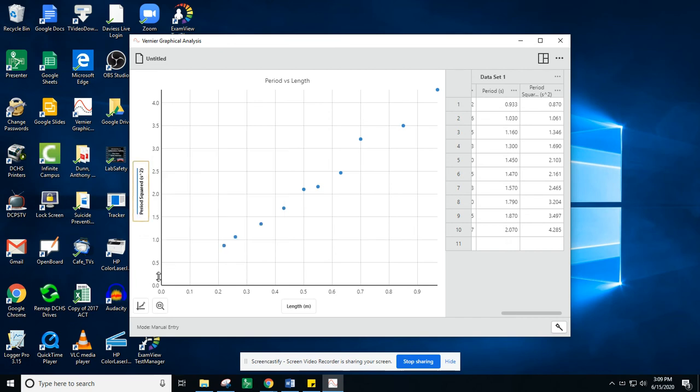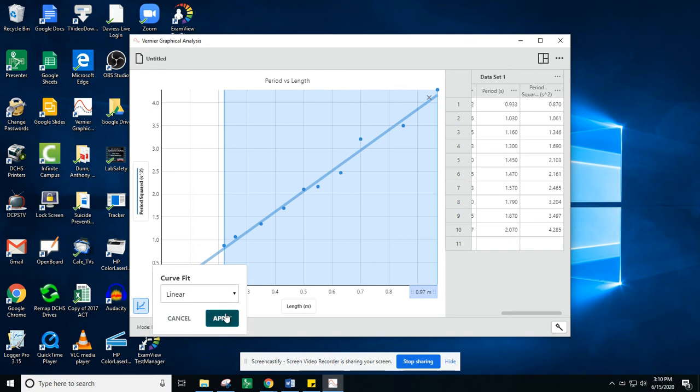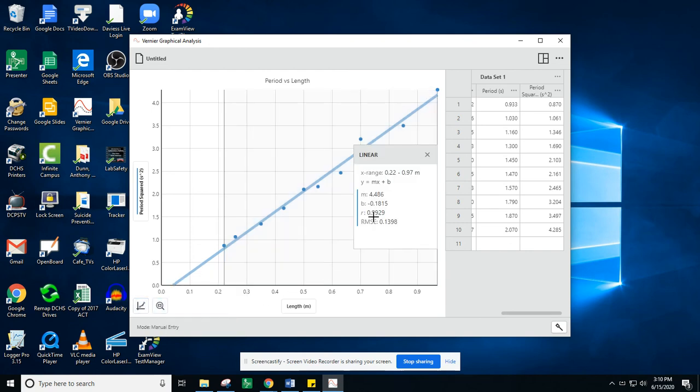Now notice, that doesn't look a whole lot more linear, but when we do a best fit line of this one, notice what it does. It gives us a y-intercept that's almost 0, 0.18. That's within the uncertainty of our measurements. And then it gives us a whole different slope, 4.49.